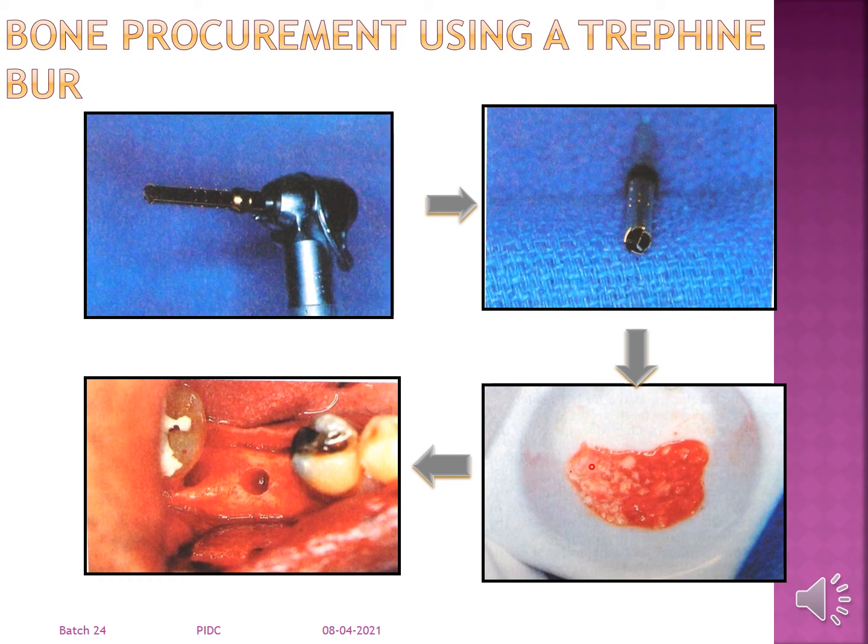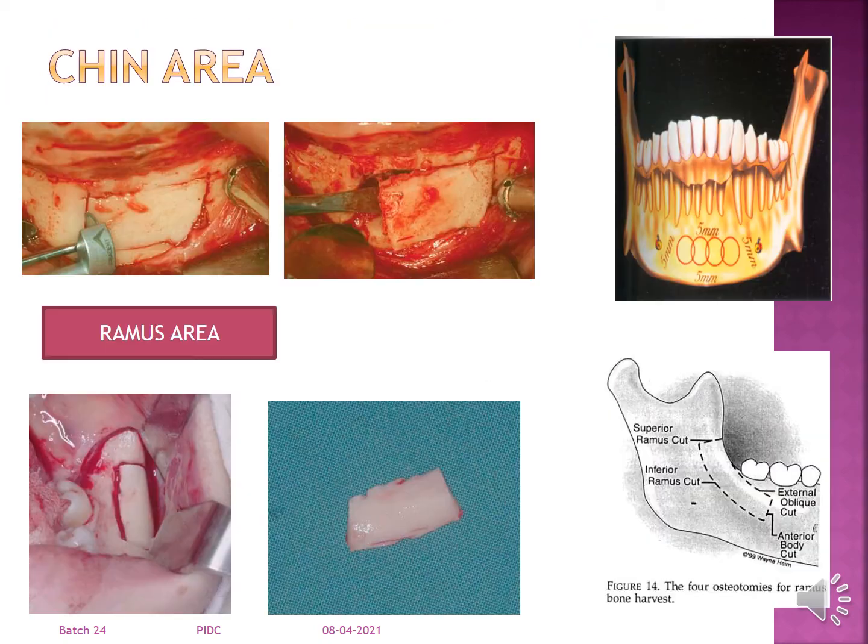Once the bone is taken, you can see how it is presented in the Dappen dish. This is more of a particulate form. It is just like the bur which you use to cut through your teeth. The same way you're cutting through the bone, and that particulate is procured in this space and could be used for bone graft regeneration at another site.